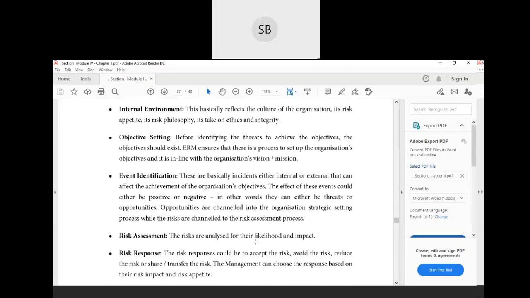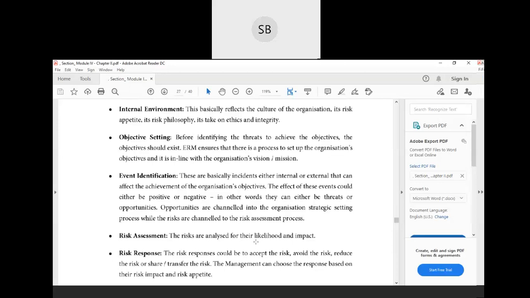How much impact it can have on your project or the organization, how badly it can affect, or whether you can train them or not. If someone is not aware of the technology, he can be trained, right? So you have to analyze the risk, the likelihood and the impact. What can be the impact of it?